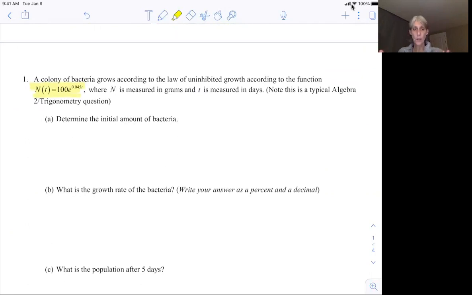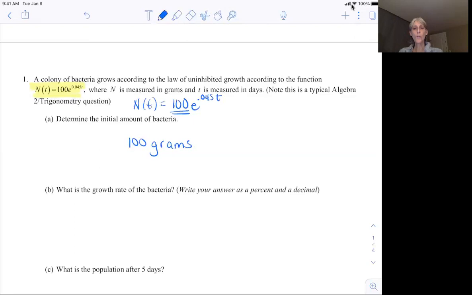There's no trick to this. This is really just asking whether you understand how to look at the formula. The initial amount is the number in front of the e. We have 100 grams of bacteria.